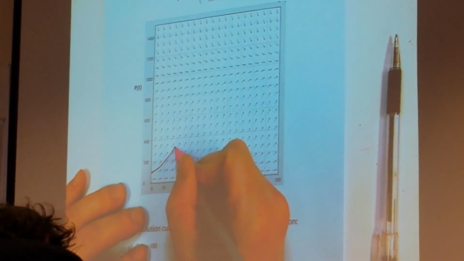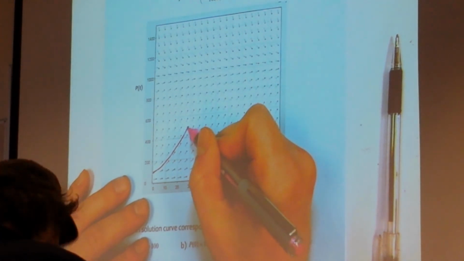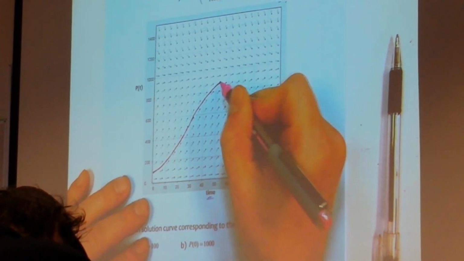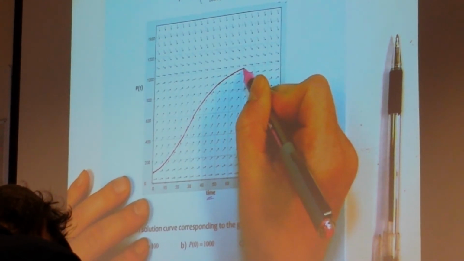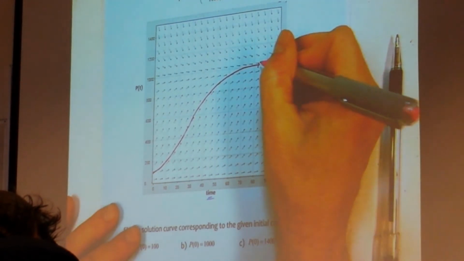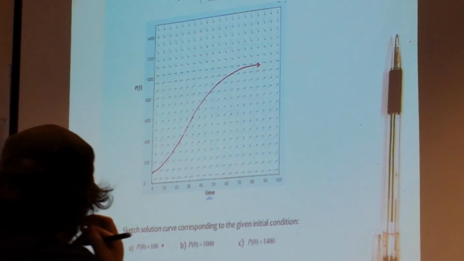It's increasing the whole time, increasing at an increasing rate, it looks like. And then what happens? It looks like, and who knows, somewhere around there, it flattens out, doesn't it? So I'm going to mark these different colors corresponding to each curve.